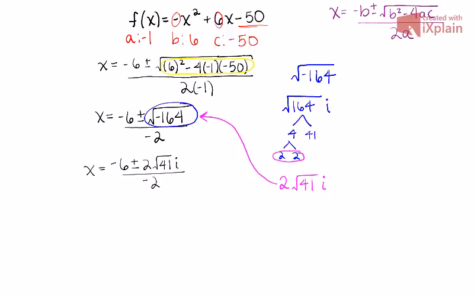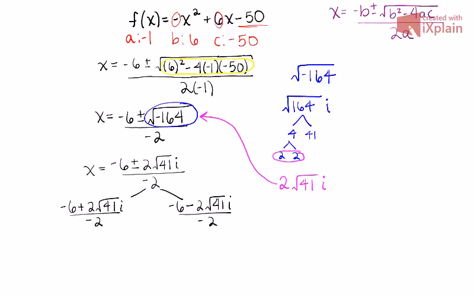The next important part is for you to see that you have two answers. You have negative 6 plus 2 root 41 i over negative 2, and you also have negative 6 minus 2 root 41 i over negative 2.